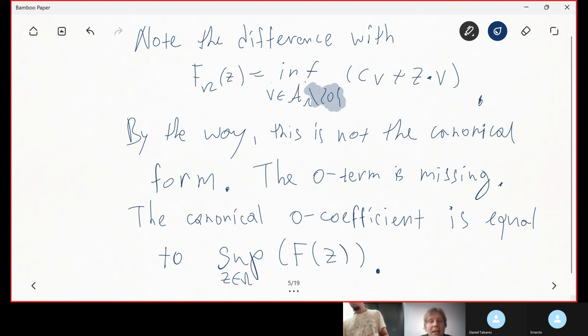This series is not canonically written, at least when omega is a compact domain. Why? Because actually the zero term is missing, so you should introduce it.